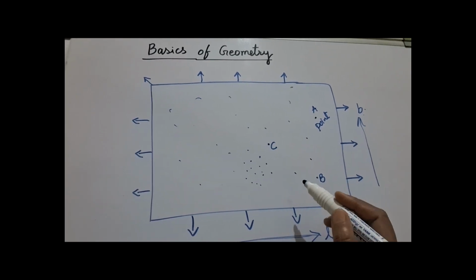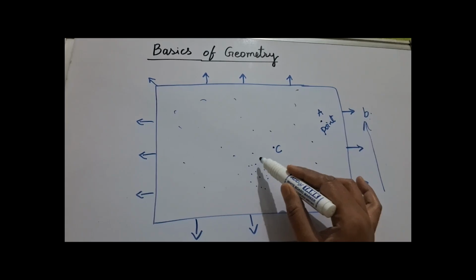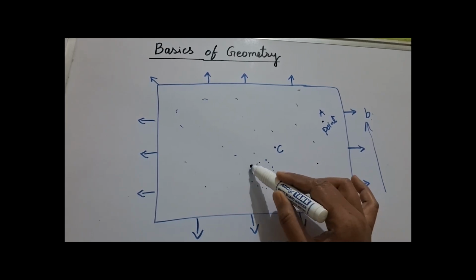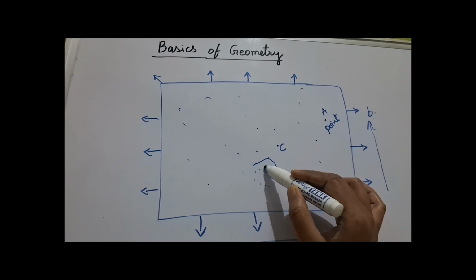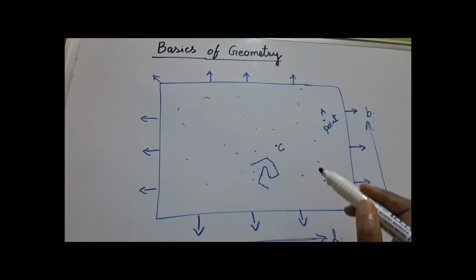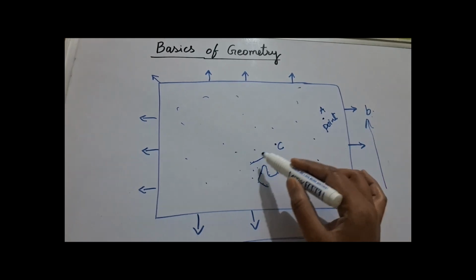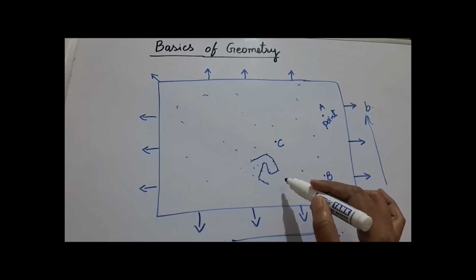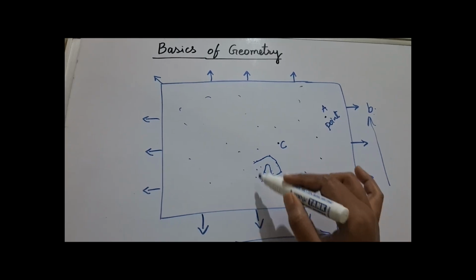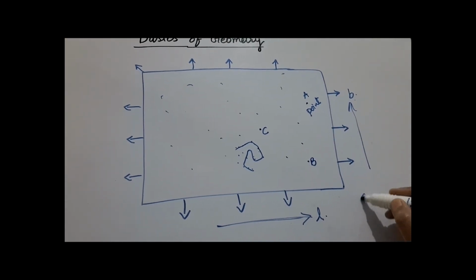Now let us take some points, children, and I want to join these points like this. I am joining some points. Now one figure came. While joining some points on the plane, one figure came. Now this type of figure is called a curve in math.